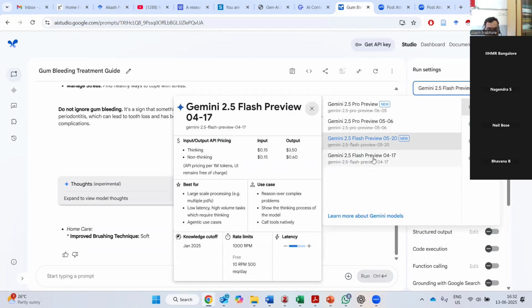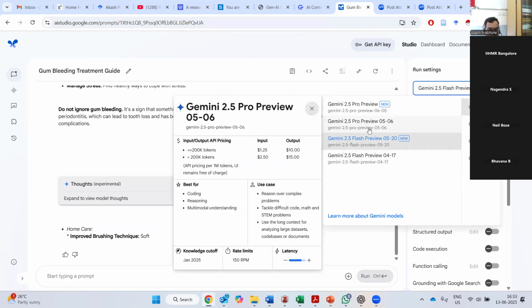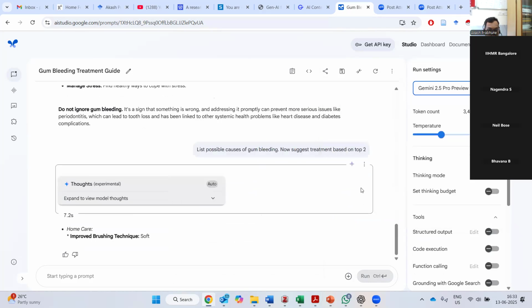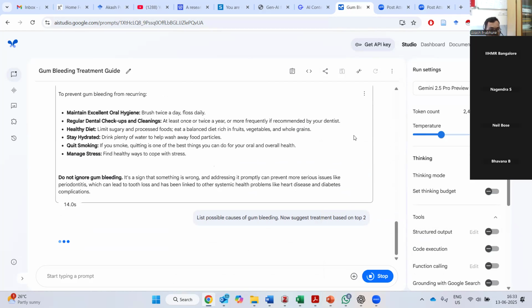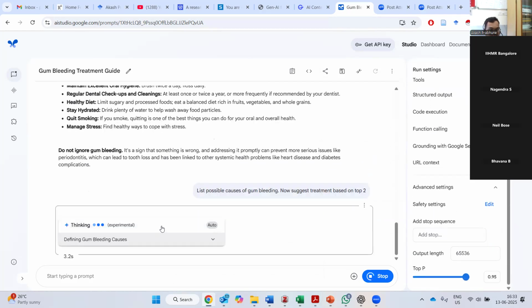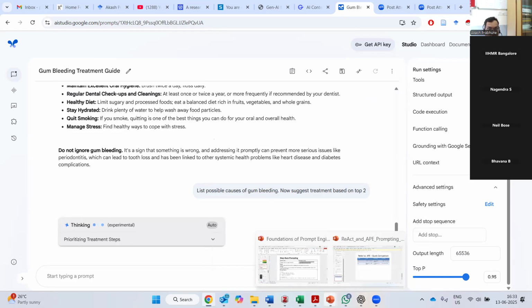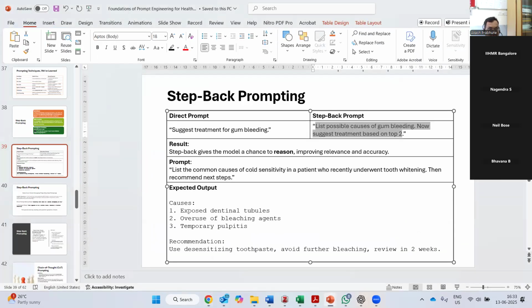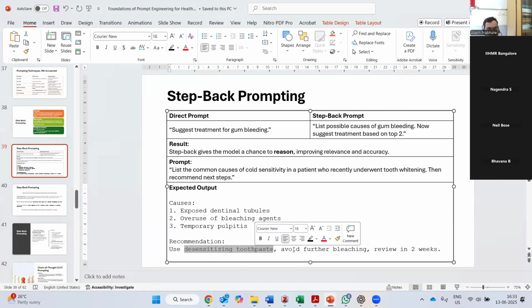I hope, hopefully it works. I don't know what is going wrong, but I'll go back to the normal answers on the lengthy ones. If you have got something like these causes, and then some answer. I don't know why, for gum bleeding it's giving me weird answers. Got it in Claude. Okay, great.